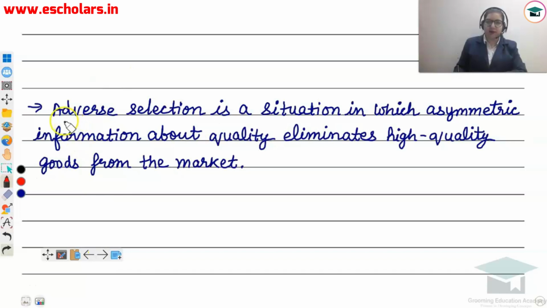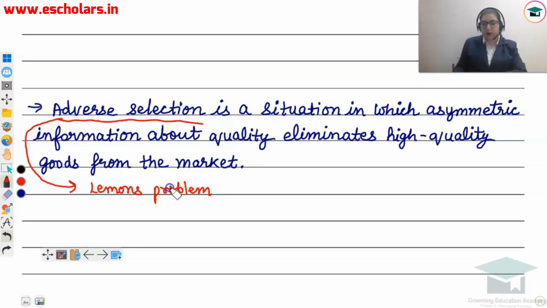Students, now we will discuss the meaning of adverse selection. Before going through the meaning of adverse selection, let's have a look at the example, which is the lemons problem. It was developed by George Akerlof.